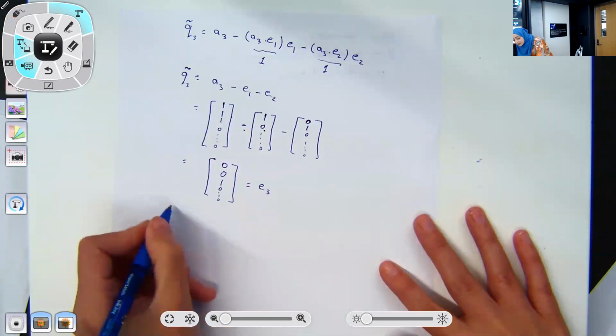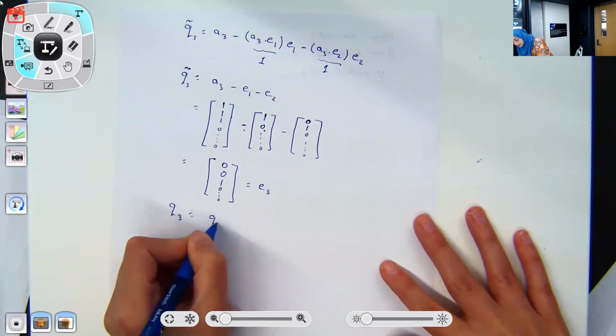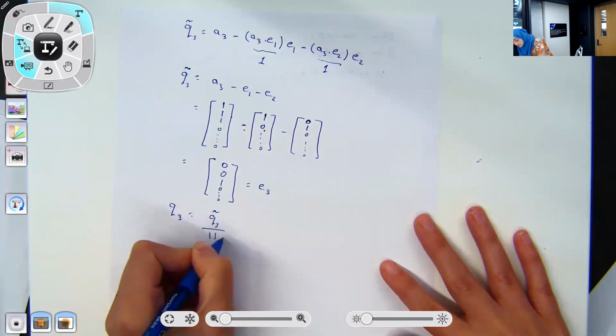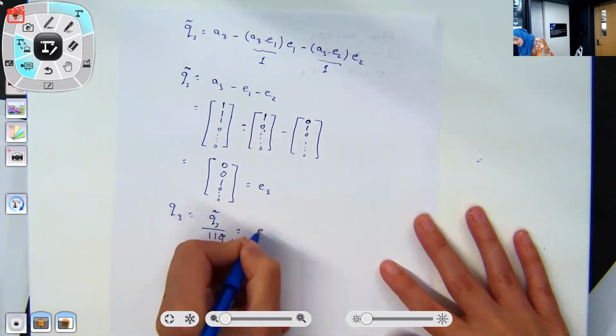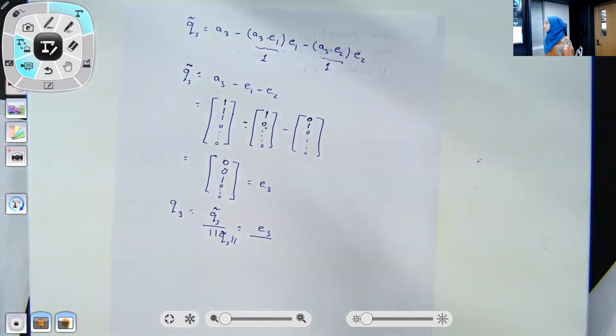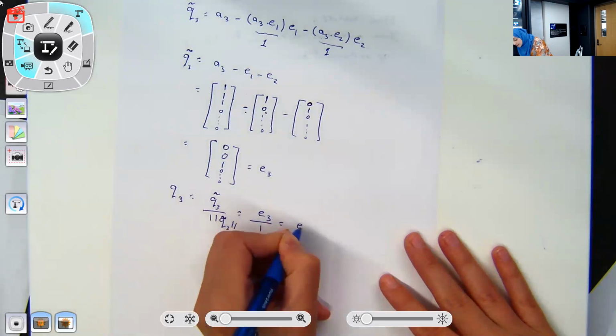And if you try to find the value of Q3, this equals Q3 tilde divided by the norm of Q3 tilde. So this is E3 divided by the norm of E3, the same thing like E2 and E1, just having a 1 in its entry and the rest 0. So it's E3 divided by 1, which equals E3.